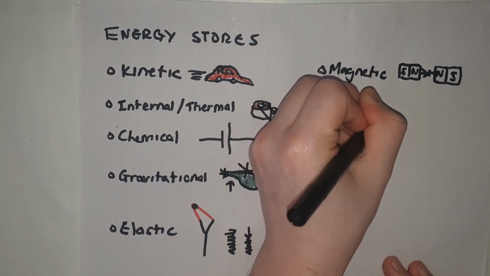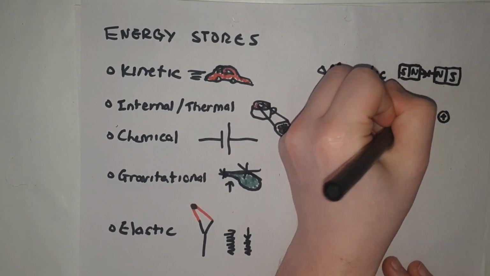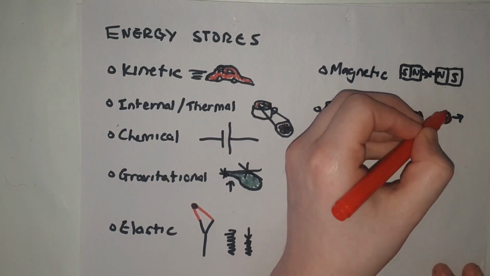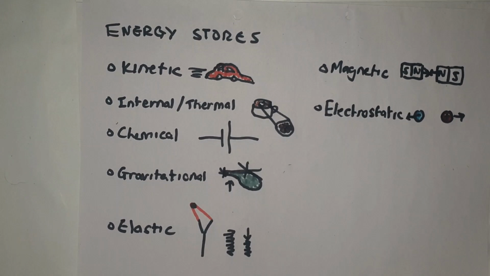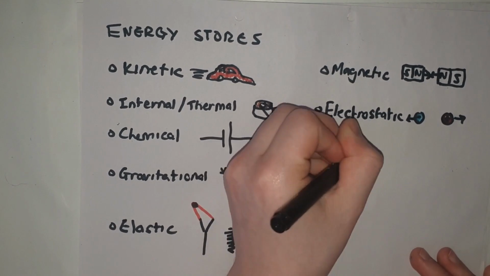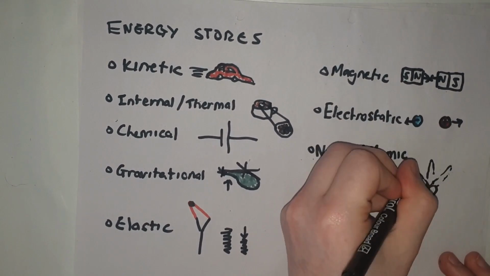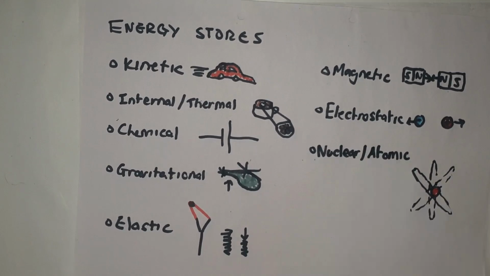There are also electrostatic energy stores, which is the energy stored when you try pushing together 2 repelling charges, or again, trying to pull away 2 attracting charges. And finally, there are nuclear or atomic energy stores, and this is the energy stored in the nucleus of an atom.